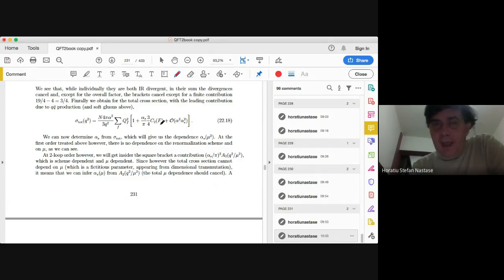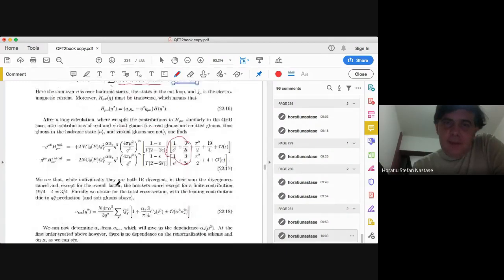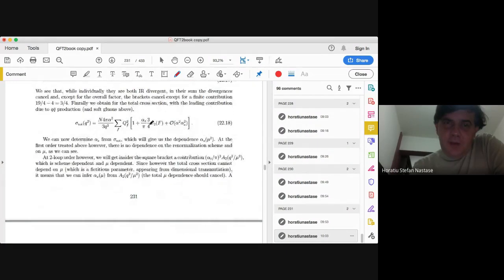Now, at this one-loop level in the amplitude, we see that this correction to the R factor is independent of the renormalization scheme and of mu, the dimensional transmutation scale.